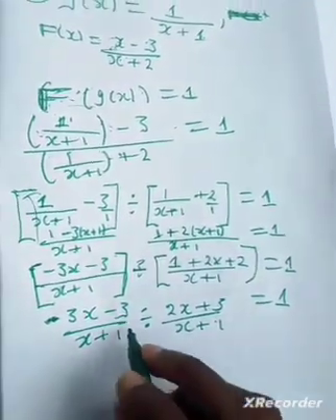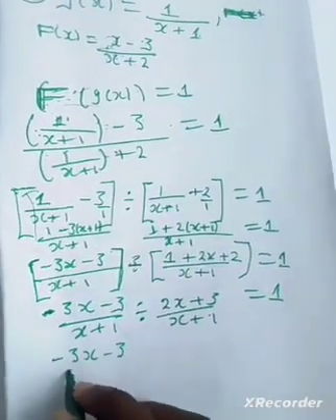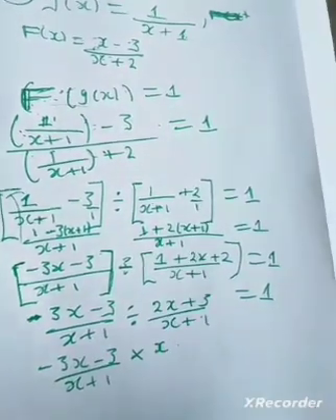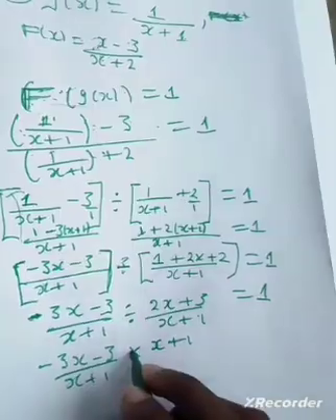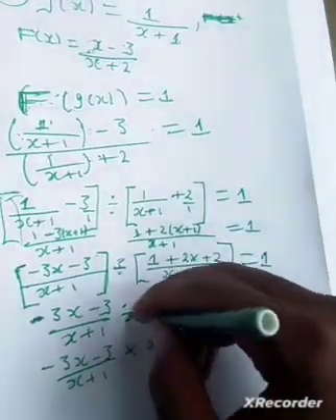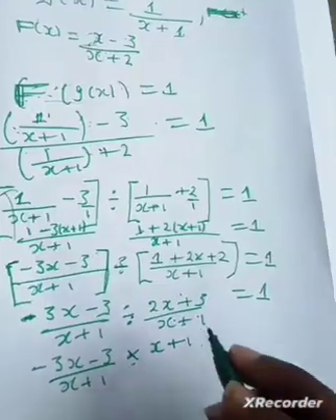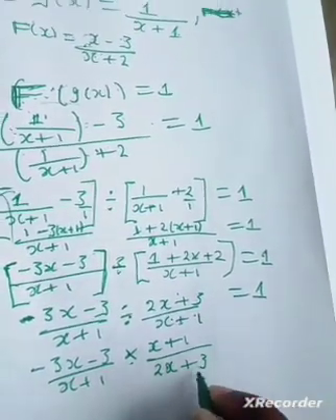Okay, so I can also write this as negative 3x minus 3 over x plus 1 times, look, I can also write this as x plus 1. If I change this from divide by to times, these are going to swap. I hope you remember this grade 1 concept. Some don't even know this.